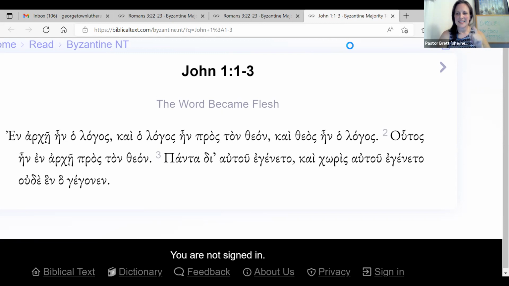Hey, I see that small word. Maybe that's the article. Or we're going to see some familiar words here. So let's try to pronounce this together. Let's take the first five words before the comma and just look at those for a moment.